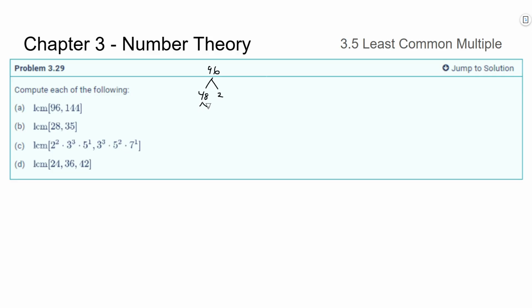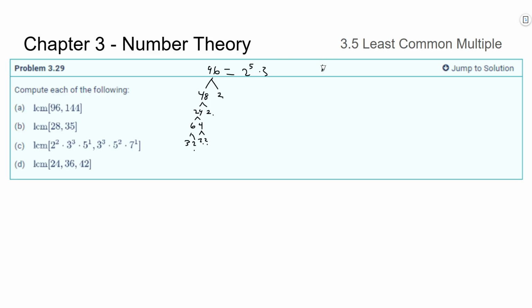If we cut 48 in half, then we would get 24. And then we would do 6 times 4, 2 times 2, and 3 times 2. So it looks like prime factorization for 96 would be 1, 2, 3, 4, 5 2s. So 2 to the 5th times, and then one 3. So times 3.